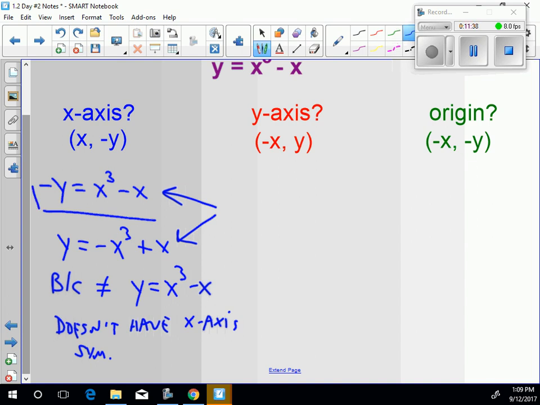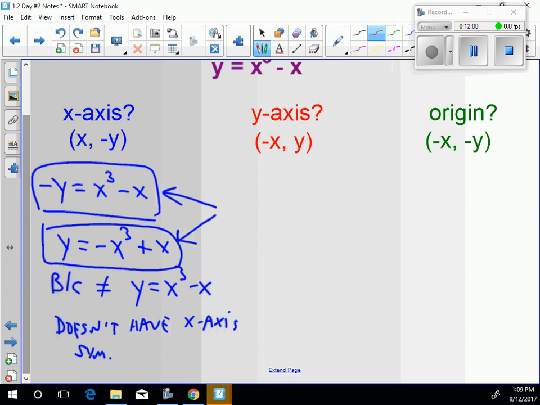I manipulated using a negative y, and I couldn't recover the original function. So it doesn't have that x-axis symmetry. Okay. What if I go the other way? I try y-axis symmetry, right?